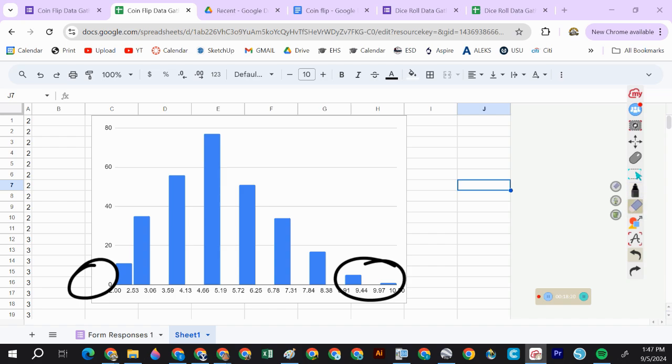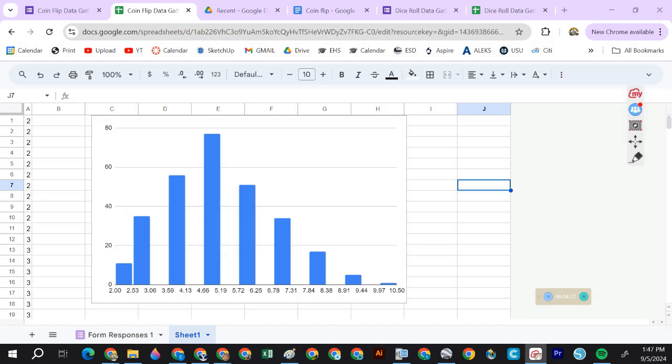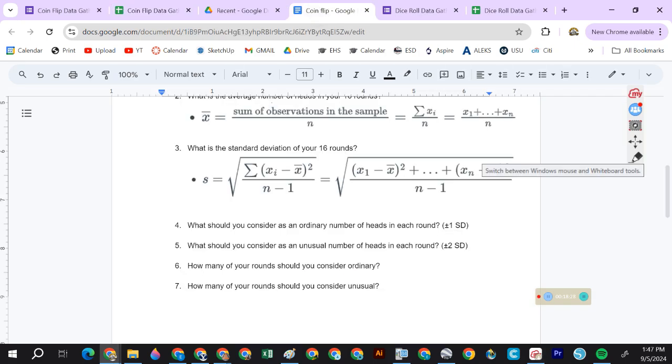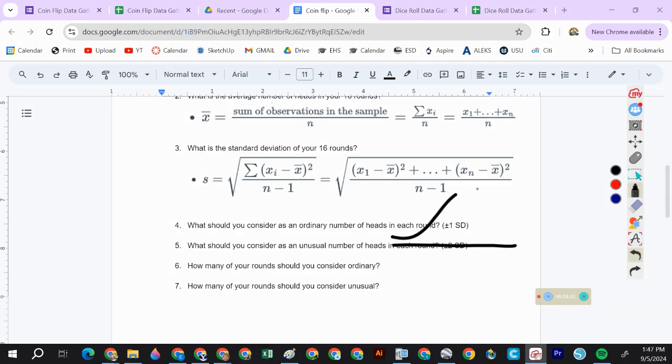So we're going to look at all of this data in a classroom setting. So let's go back here. You're going to count how many of your rounds were ordinary and how many were unusual. And just a reminder, what percentage of our games would we expect to be ordinary?